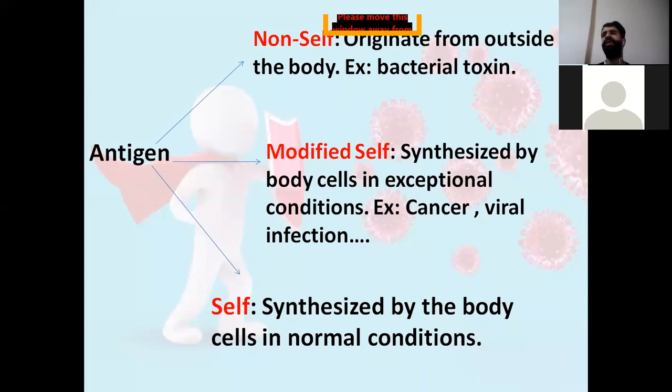Non-self is outside the body, it's foreign, for example a bacterial toxin. Modified self is synthesized by our body, but in exceptional conditions, for example mutations, such as a cancer cell or viral infection. Self is synthesized by our cells in normal conditions.